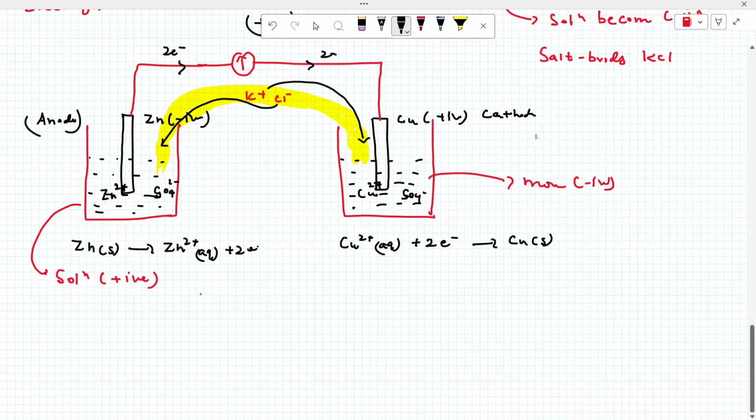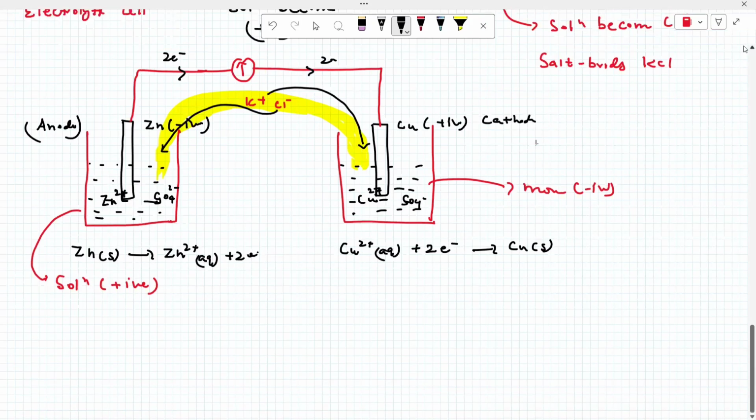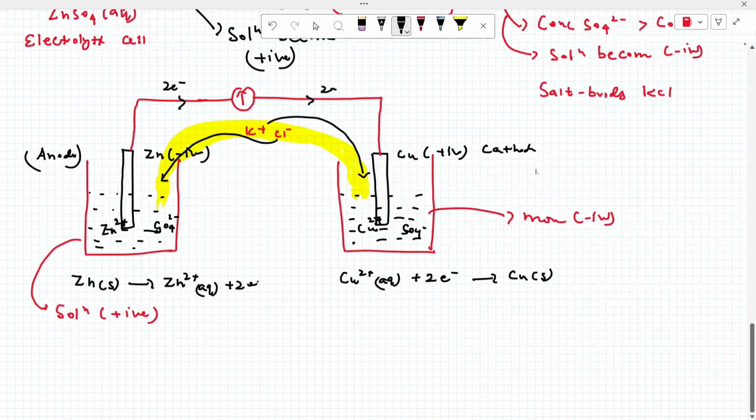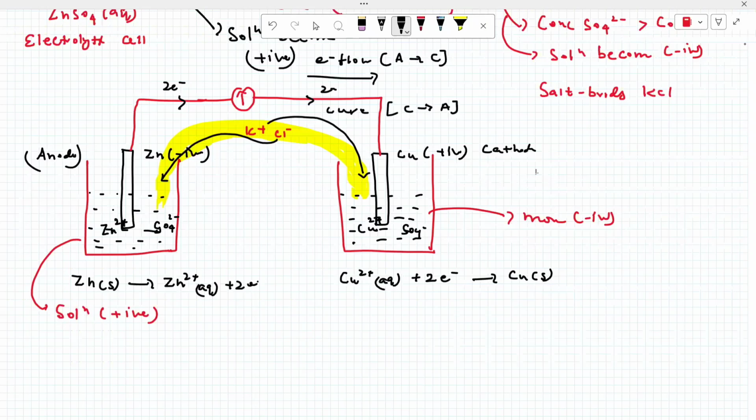See, this is electron flow. Very important. Electron flow goes from anode to cathode. This is current flow; current flows in the opposite direction, cathode to anode. You got the point.